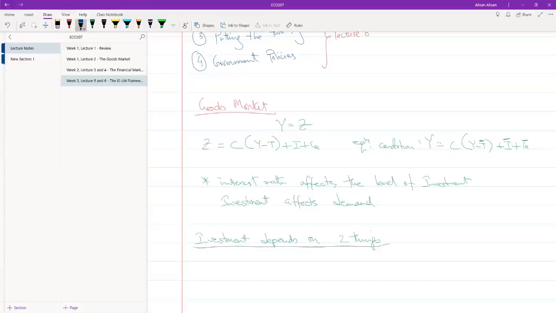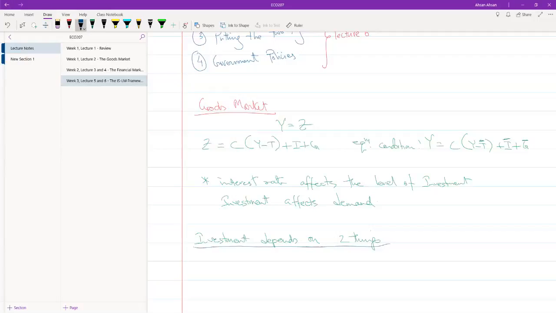In economics, at least in these introductory and intermediate macroeconomics courses, when we talk about investment, we primarily talk about purchase of fixed assets, so buying of machineries by firms, let's say.